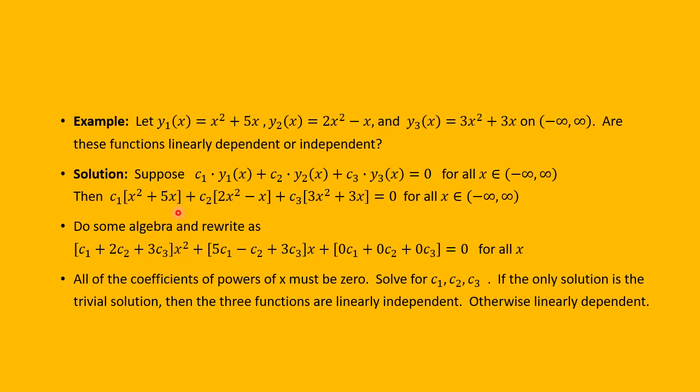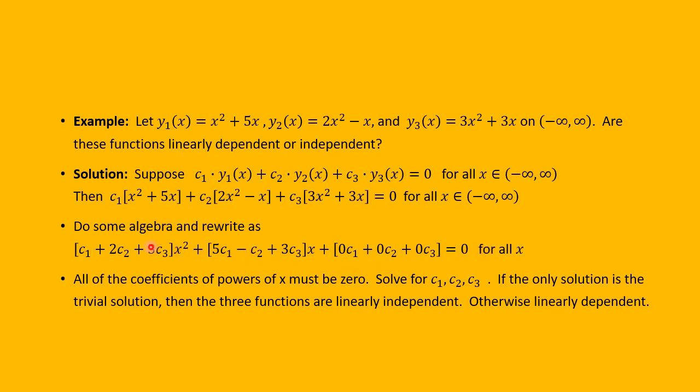And then we have some x terms. c1 times 5x, c2 times minus x, c3 times 3x, and that gives us 5c1 minus c2 plus 3c3, all times x. And notice there's no constant term here, and we can write that as 0c1 plus 0c2 plus 0c3, and all of this is the same as all of this. It equals 0 for all x.